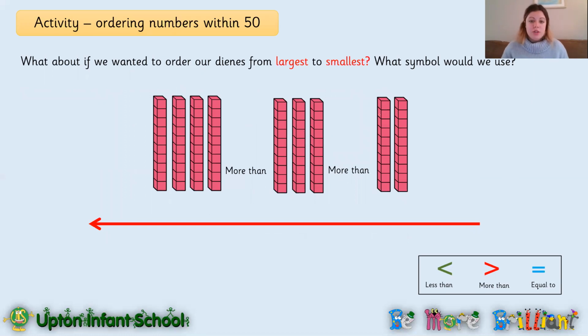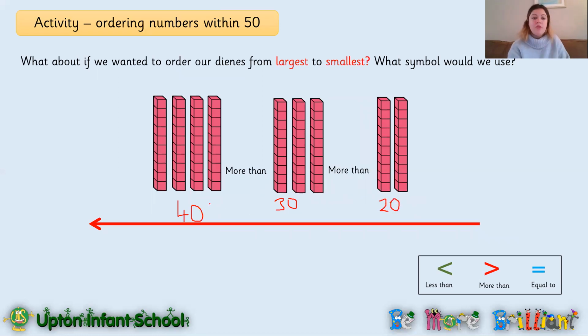So if we wanted to do it the other way, if we wanted to put them in order from largest to smallest, we would have to use our other symbol. We would have to use our more than symbol, because we can see here, we've got 40, 30, and 20.